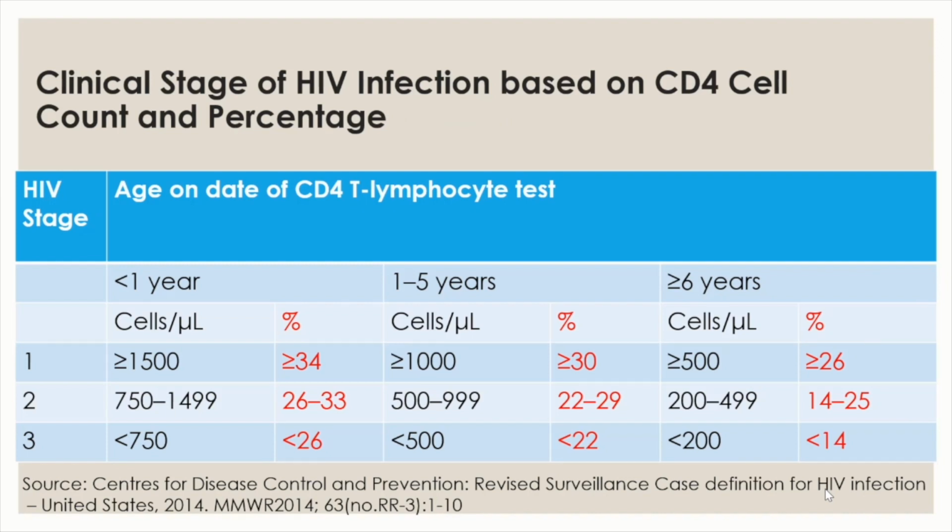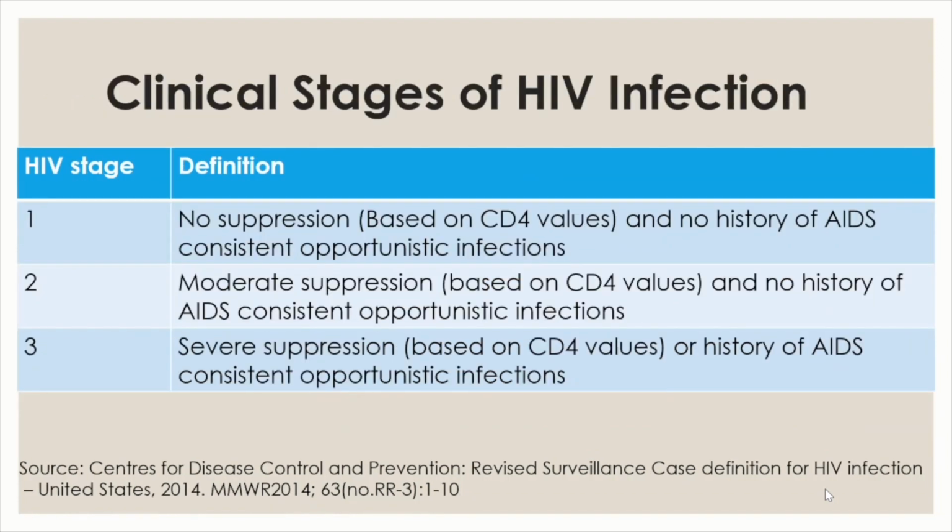So this is a table showing the clinical stage of HIV infection, which is classified into stage 1, 2, and 3 based on the CD4 cell count and also percentage according to the different age groups. This is another table showing the clinical stages of HIV infection.